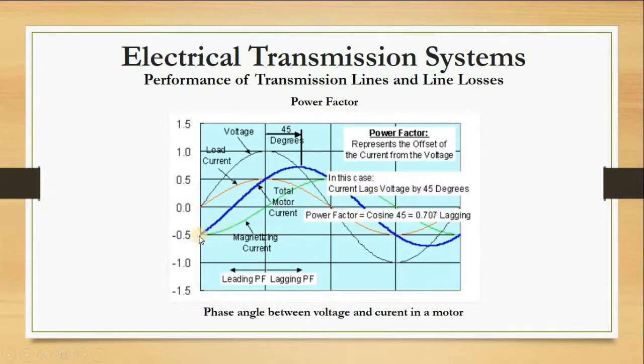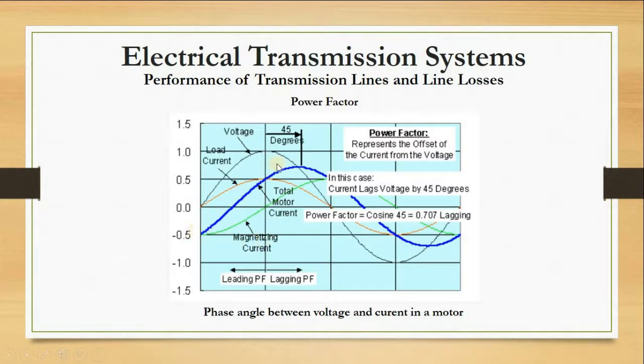You can see here that the blue waveform is found between the true current, or the load current, and the magnetizing current, which means that the two of them are components of this. So it's halfway between the two of them. But then the total motor current still lags the voltage, because this is not purely resistive, it has a magnetizing current which comes from the coils.